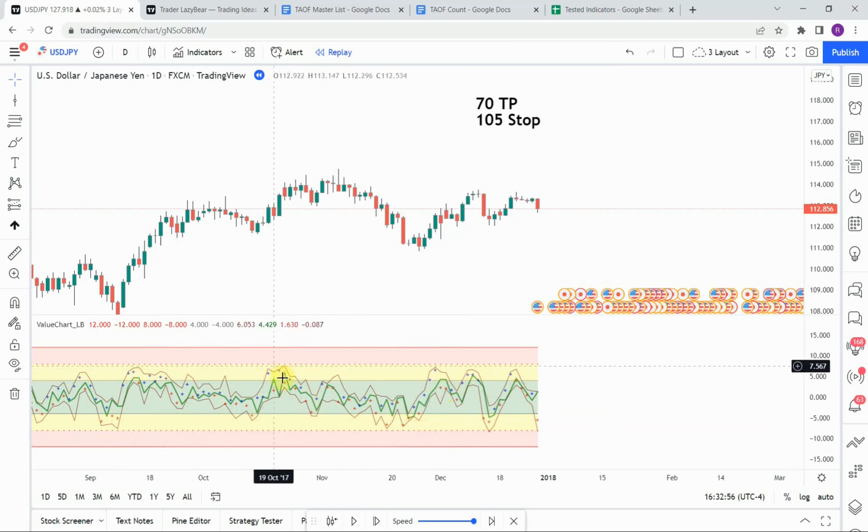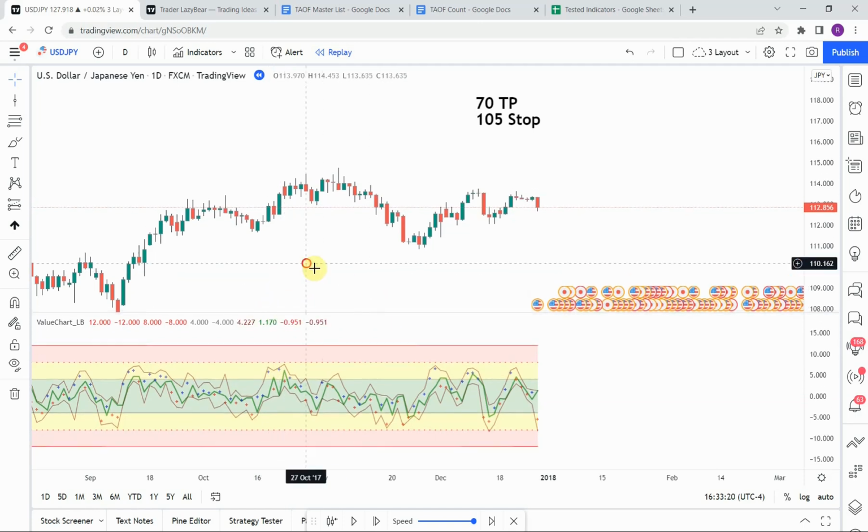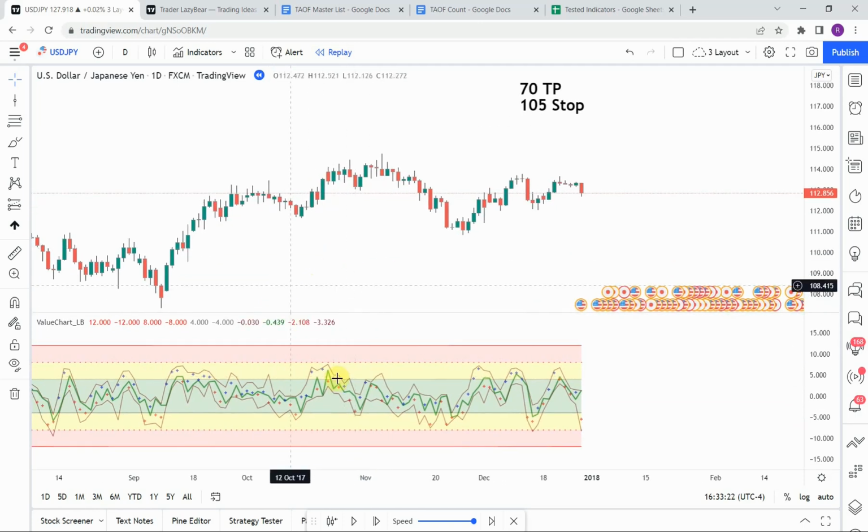Once one of these red bands peaks up into the red zone, or peaks down into the red zone below, then the security is in an extreme condition at that point, either a high extreme or a low extreme. Then we should look for a reversal, back to the mean, if you will.